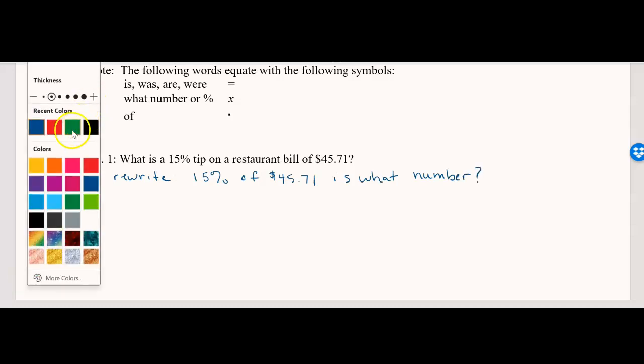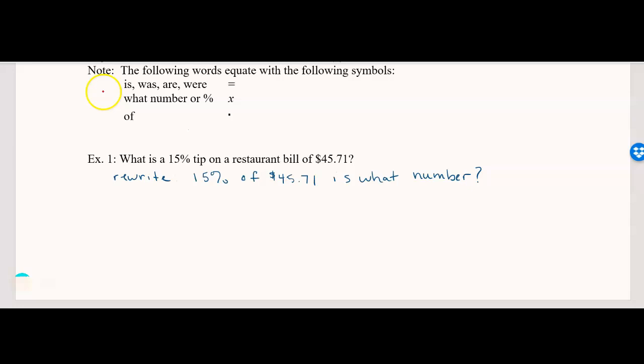Well, when we do this, you don't have to rewrite it, but I'm just showing you how we can also look at this. Change the 15% to 0.15. Remember, of means times. I rewrote this so I can just translate it right away. 0.15 of is times. The dollars stay the same. The word is means equals. What number?